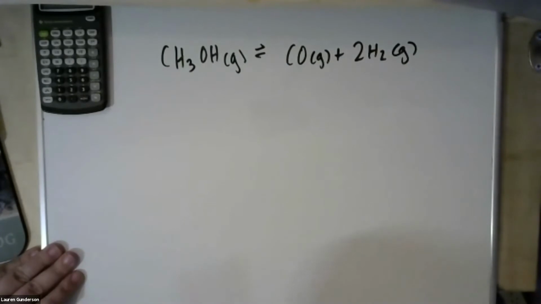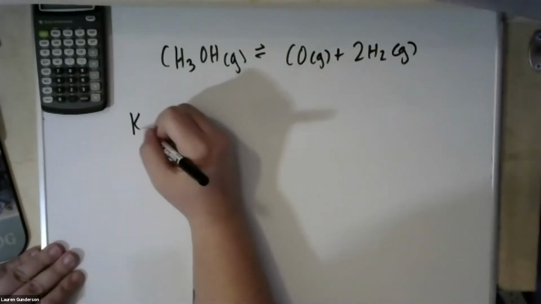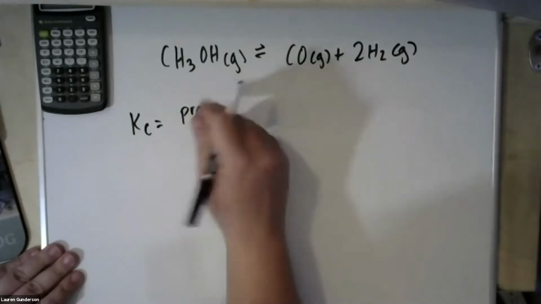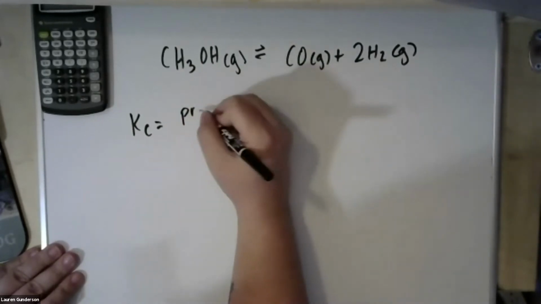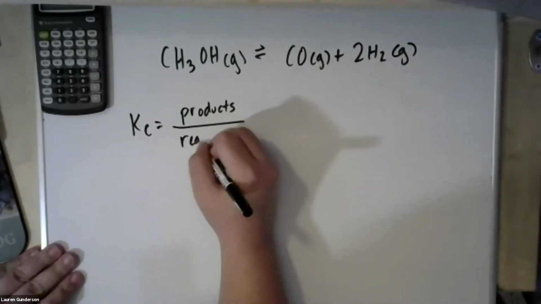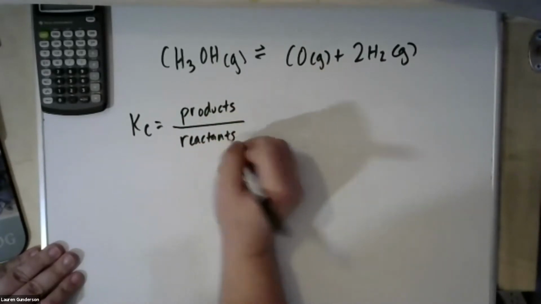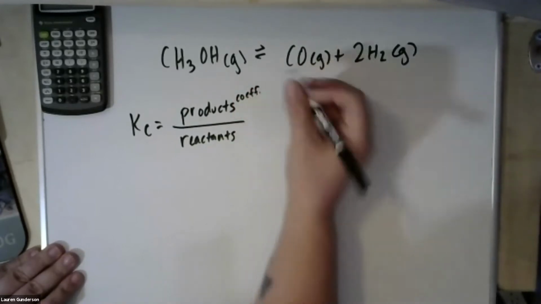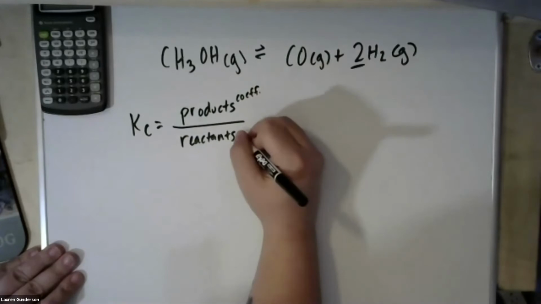Okay, and when we're expressing the equilibrium constant, we're going to take the products, divide them by the reactants, and then we're going to raise these values to whatever coefficients are in front of that particular product or reactant in our balanced equation.